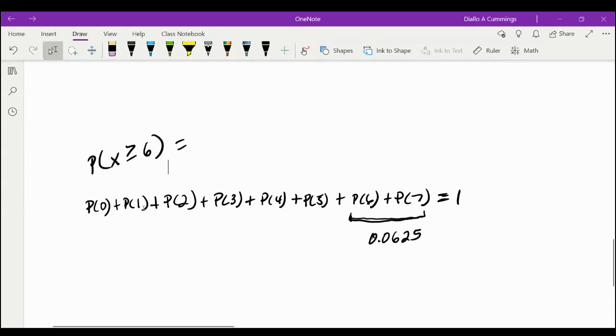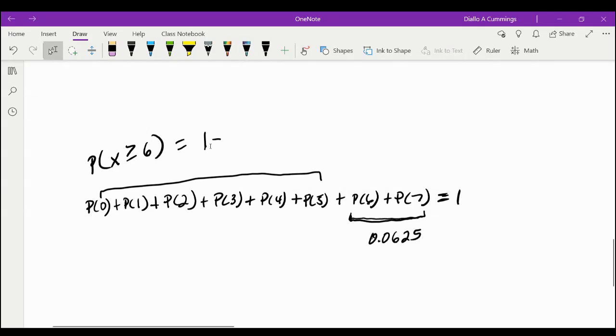So keep in mind, if the total of probability 0 through 7 is 1, which is what all of my probabilities should add up to, I can take 1 minus the probability from 0 through 5.